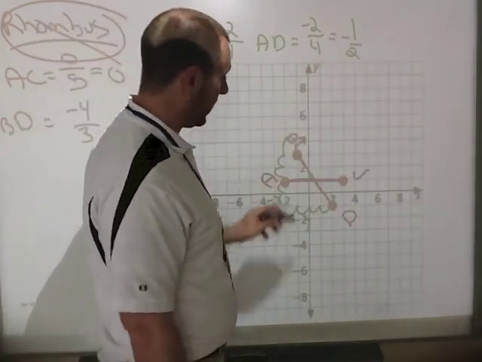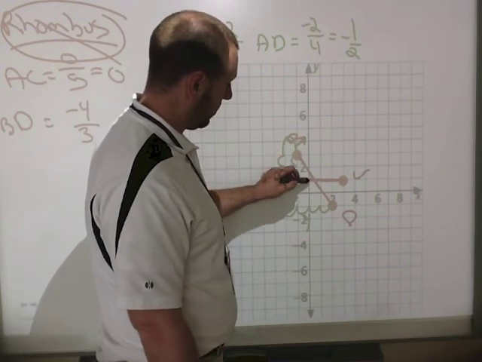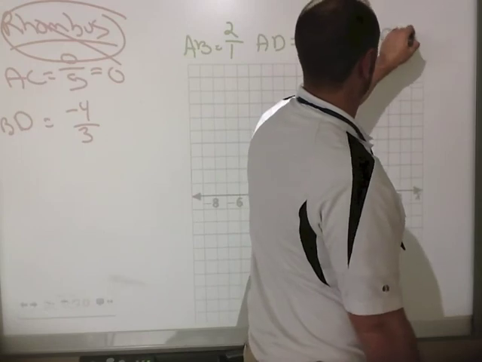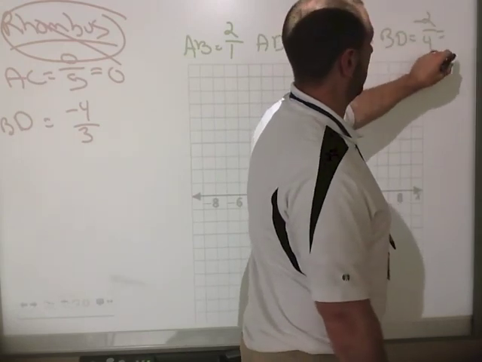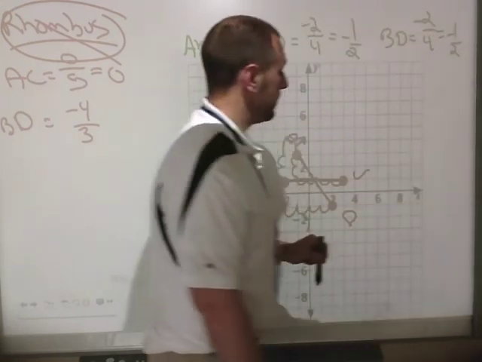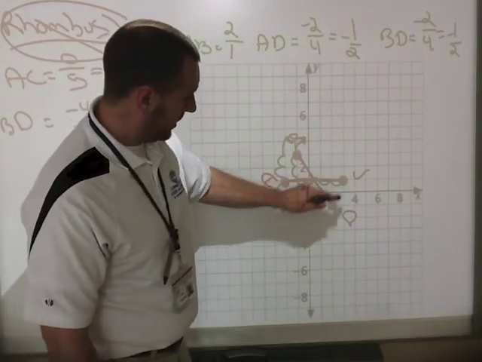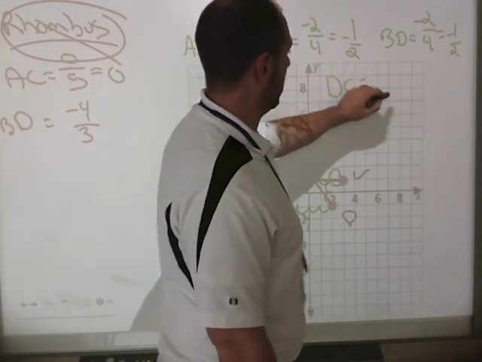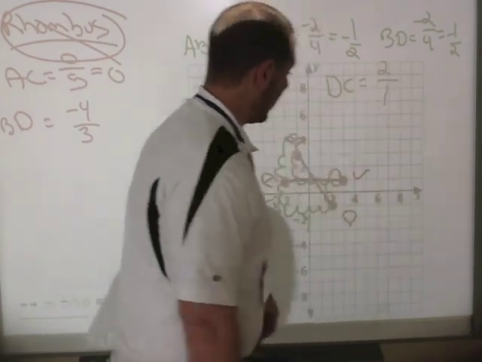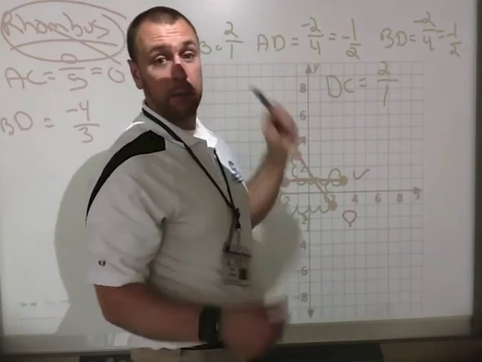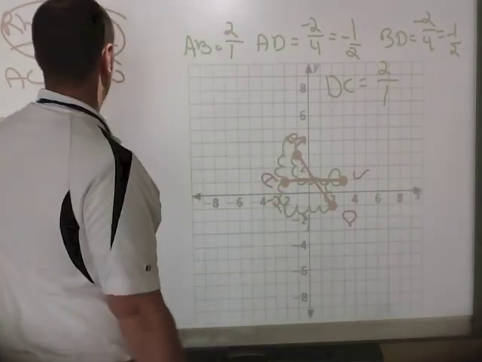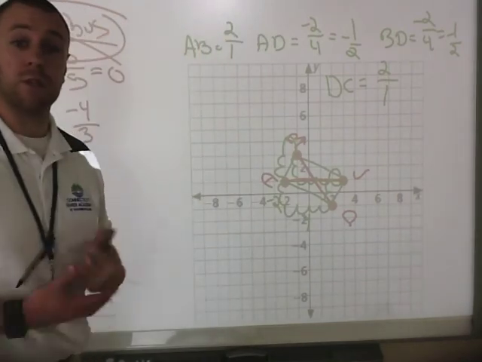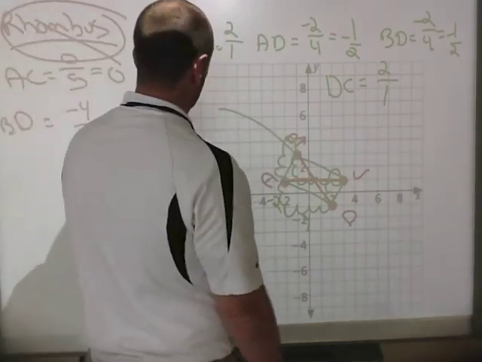And then I can check B to C. 1, 2, 1, 2, 3, 4. B to C is again negative 2 over 4, which is negative 1/2. And D to C is 1, 2 over 1, so D to C is 2 over 1. That means that there's a lot of opposite reciprocals. So this figure in here, and you could probably tell by just graphing it, is a rectangle.